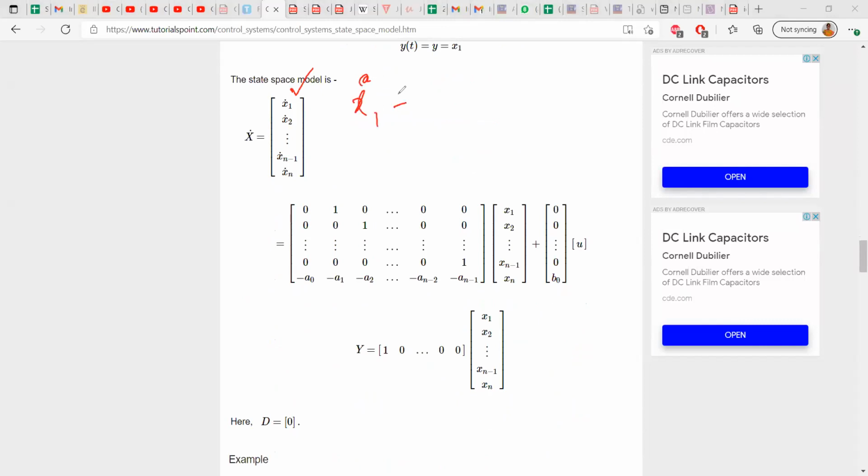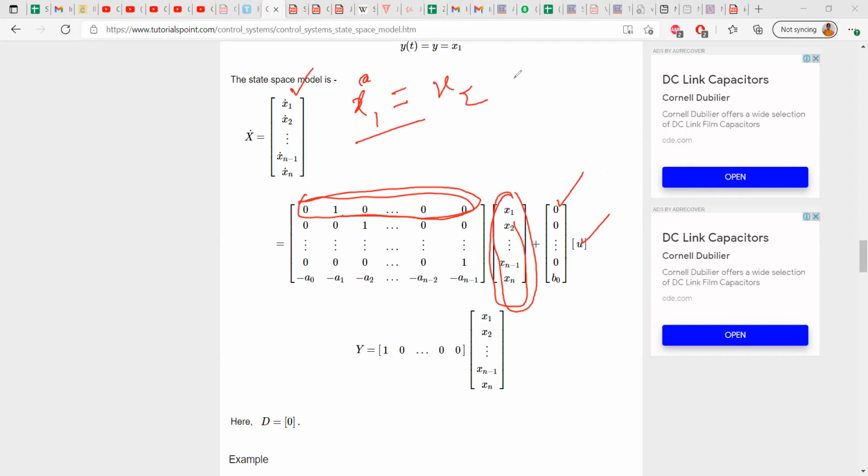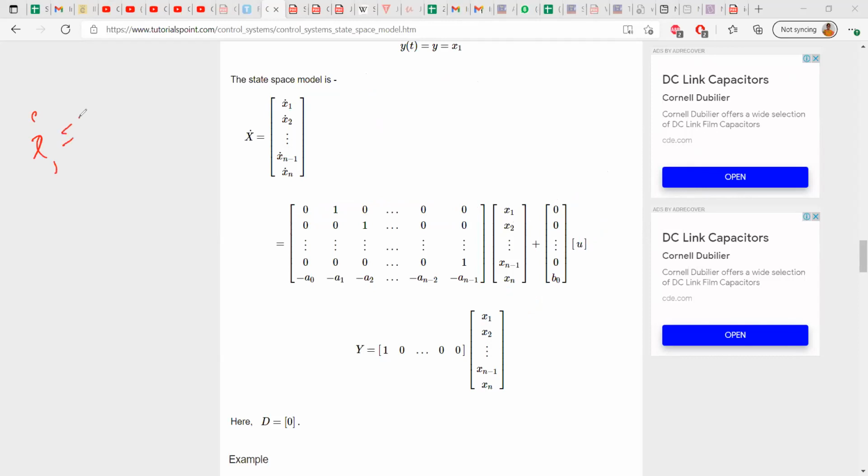Do the multiplication of the first row with this column. 0 into u, so x1 dot is x2.